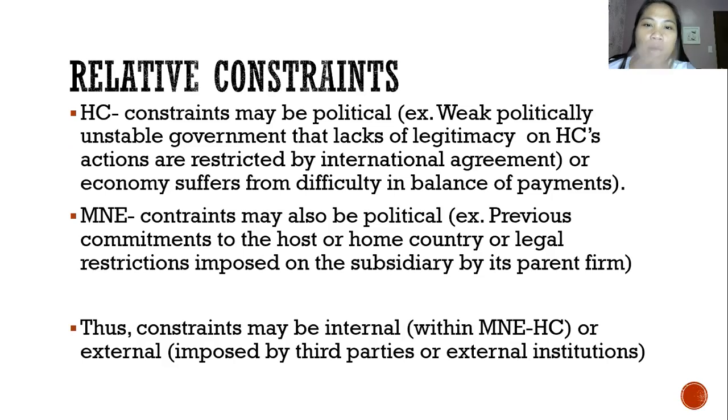Okay. Now, let's talk about constraints. Relative constraints. What are the constraints or drawbacks? In the host country, the constraints may be political. Example, a country that has a weak or unstable government that lacks legitimacy, or whose actions are restricted by international agreement that would affect foreign direct investors.